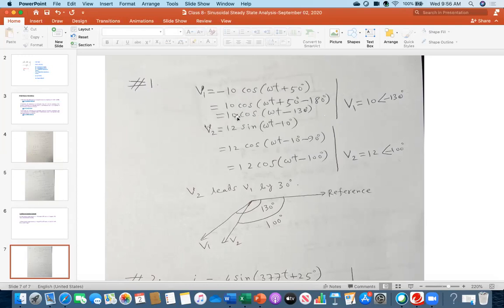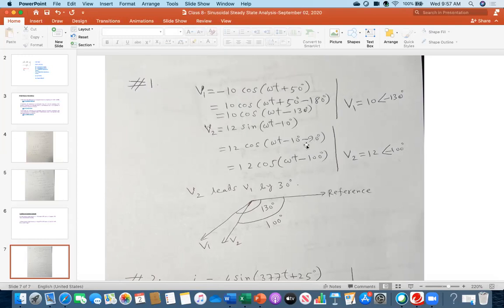Okay, and then go to V2. V2 was this form, 12 sine omega t minus 10 degree. Now convert into cosine. How to do that? I just did minus 90 degree. Everybody look, I just subtracted 90 degree.